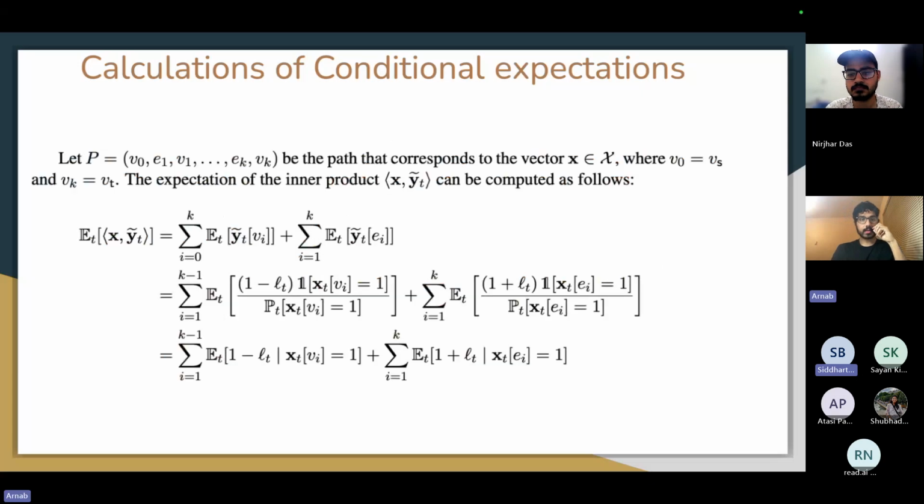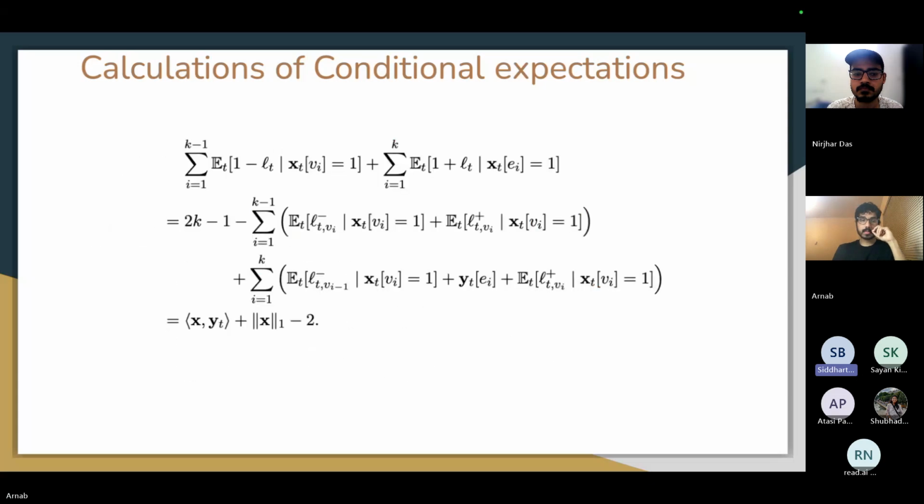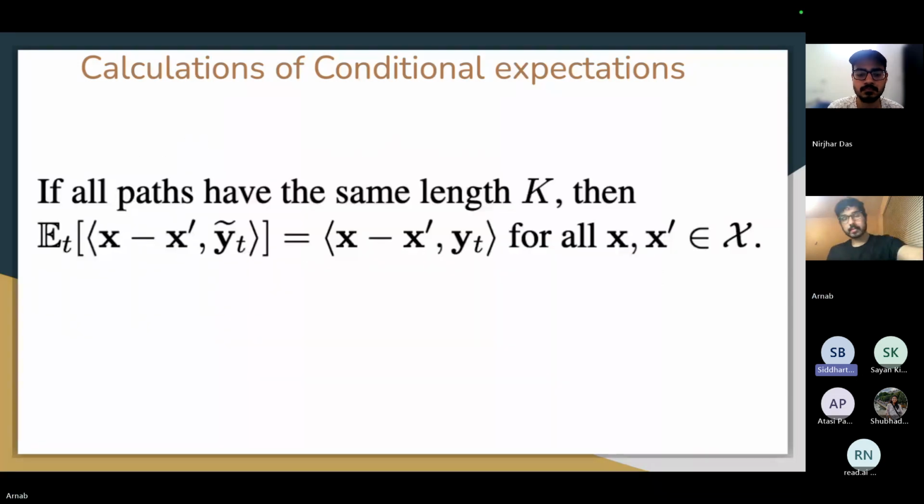But the nice property they do satisfy is that if I look at the expected differences of the cost, then I do get the right term. The bias depends only on the length of the path and nothing else, so it cancels out.